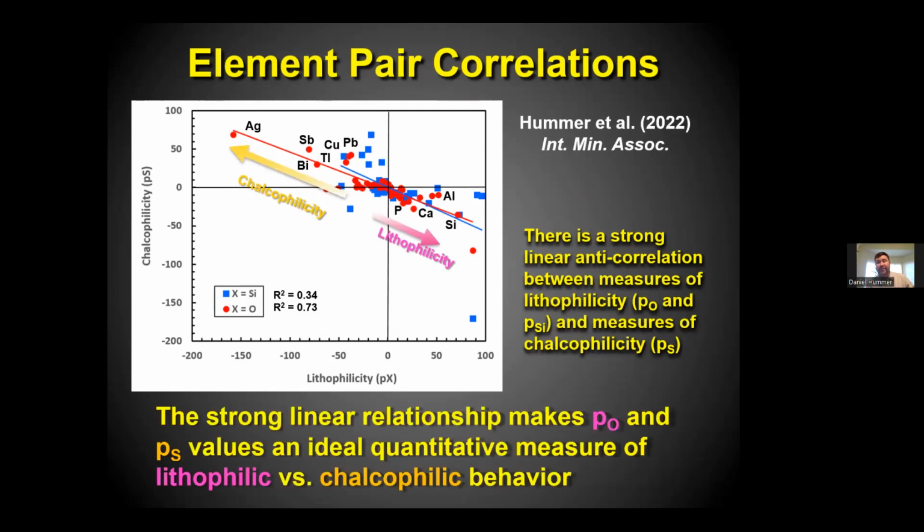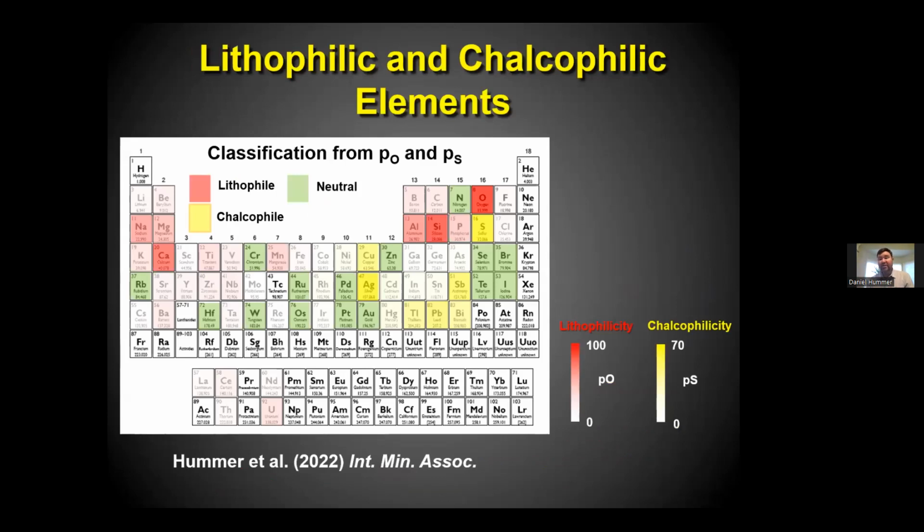So I would propose that this is a really interesting way to quantify these behaviors, and I can envision geochemists in the future, when measuring the partition of elements, looking at crystallization behavior, looking at the ore grades of different ore deposits, I can picture them using these quantitative measures of the chalcophilicity and lithophilicity. Here's how it looks when you plot it out on the periodic table. You get very much the same kinds of trends, but with more information, as with the Goldschmidt classification.